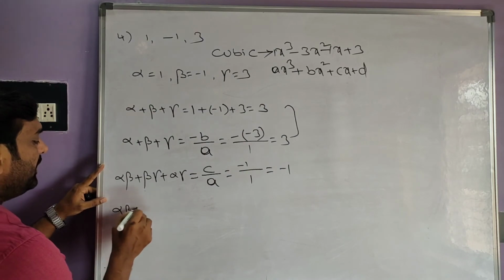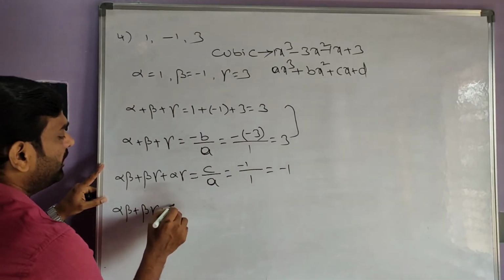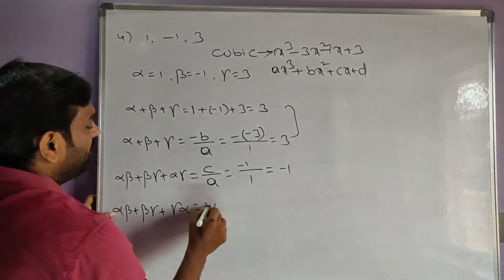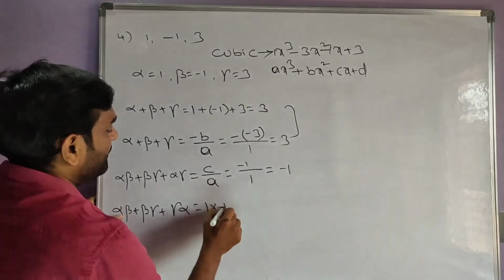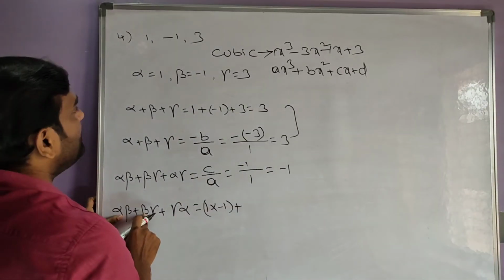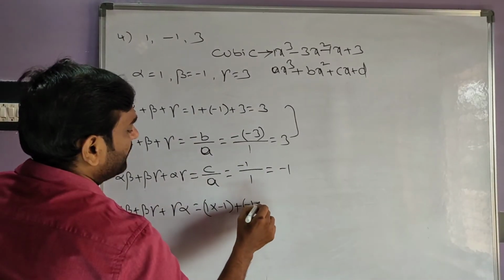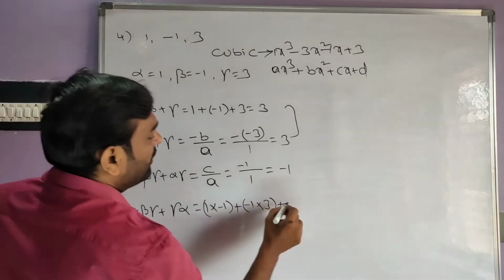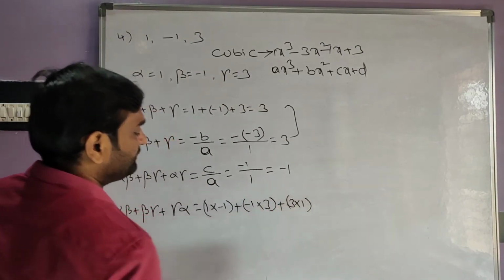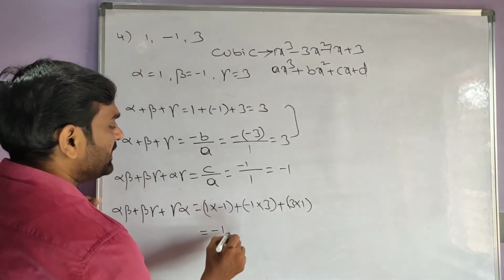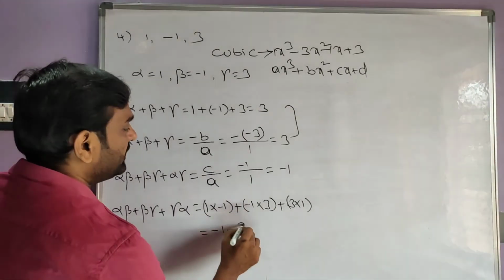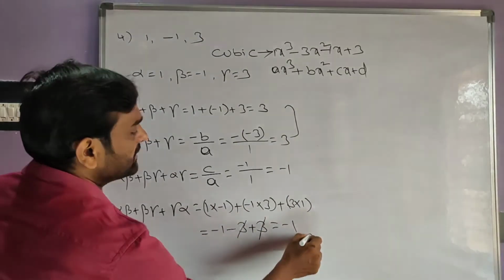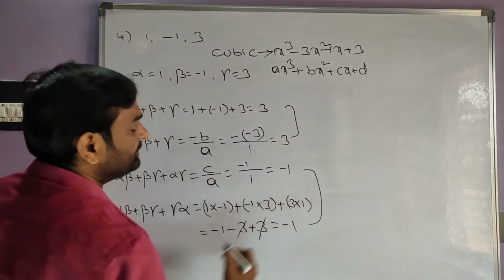Alpha into beta plus beta into gamma plus gamma into alpha: alpha is 1, beta is minus 1, gamma is 3. 1 into minus 1 is minus 1, minus 1 into 3 is minus 3, 3 into 1 is 3. Minus 3 plus 3 cancel. We got minus 1. These two are equal.